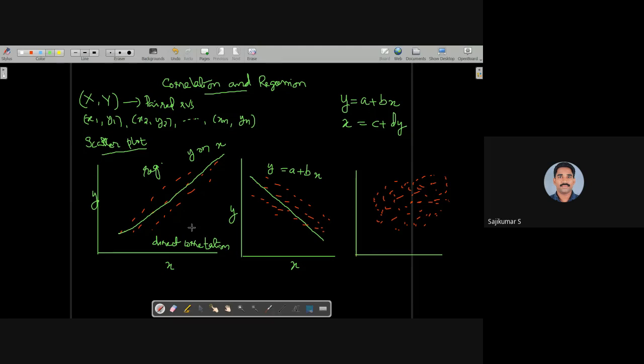And for the second case, suppose our scatter plot is like this, with the majority of points clustering about a negative slope. For the straight line y is equal to a plus bx, if the b value is negative, that type of correlation is called inverse correlation or negative correlation.